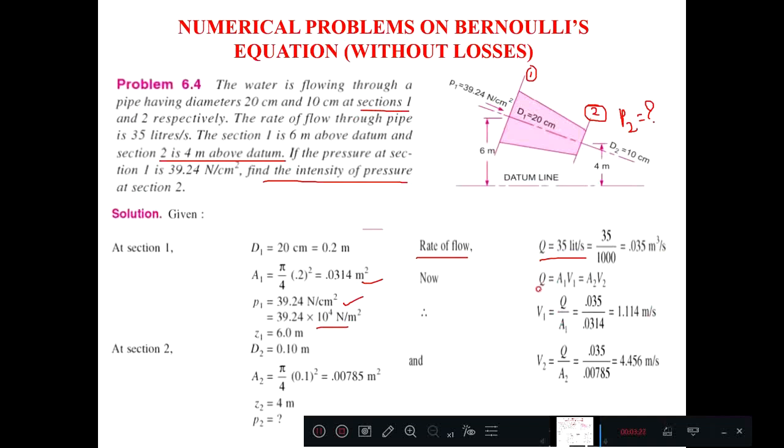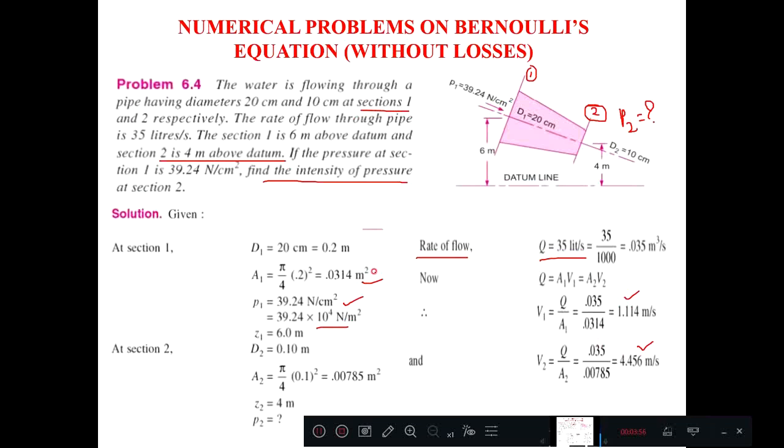Then from the continuity equation, Q equal to A1 V1 equal to A2 V2, that is, the quantity of water flowing from section 1 to 2 remains constant. From the continuity equation we calculate V1 and get 1.114 meter per second. Similarly, calculate V2, that is Q by A2, and we get 4.456 meter per second.